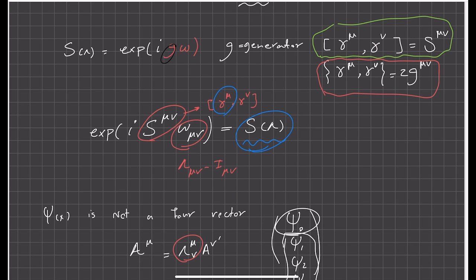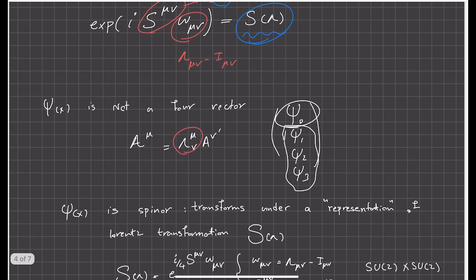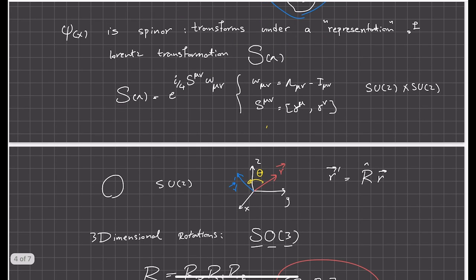So we have the generalized Lorentz algebra, and probably we can talk about it in another video, but you can simply prove that this S of lambda constructed out of these gamma matrices is good. It satisfies certain relationships, and we said that there is a coincidence that this psi has four components, but it is not a four vector. It is a spinor, and a spinor is something that rotates under the representation of the Lorentz group.